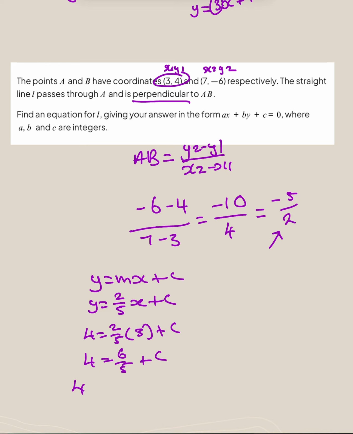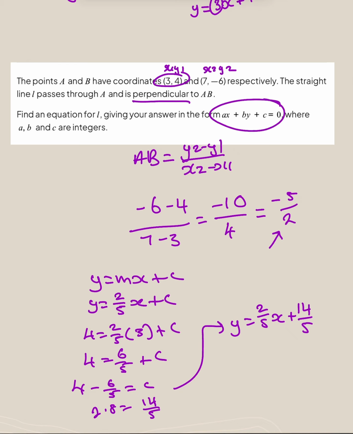And then I need to do 4 subtract 6 over 5, and that will get me what c is. So 4 minus 6 over 5 is going to give me 2.8, and that is going to be 14 over 5. So don't forget, that's c. So my equation is y equals 2 over 5 x and then plus 14 over 5.